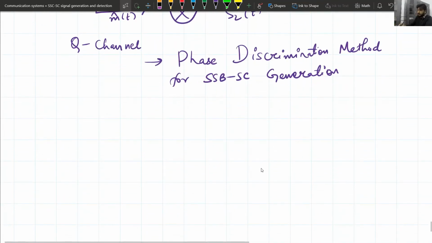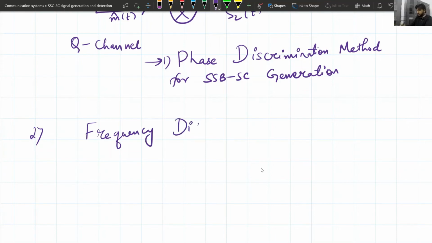This was one method. The other method that we can talk about is the frequency discrimination. This is phase discrimination, and this method is called frequency discrimination.